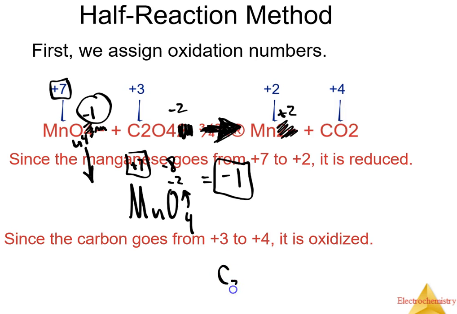We have C2O4 2-. Oxygen is a -2 times 4, which is a -8. Something -8 equals -2. But look, there's 2 of them, so this is a 6, which makes the math work. But the 6 must be divided by 2. So that's where the +3 came from.